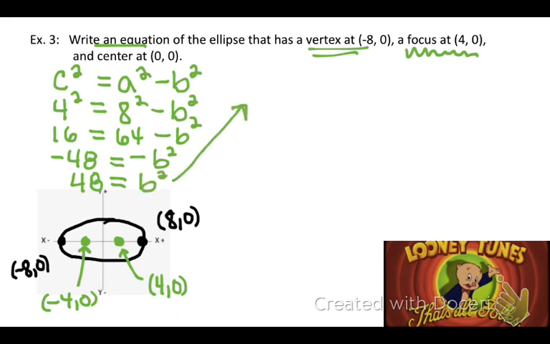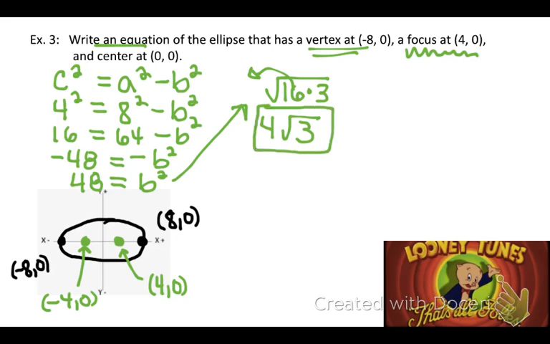And then we want to take the square root of both. So the square root of 48, we could use 16 times 3. Find out that the square root is 16, so 4 square root 3 would be my b value if we took the square root of both sides.